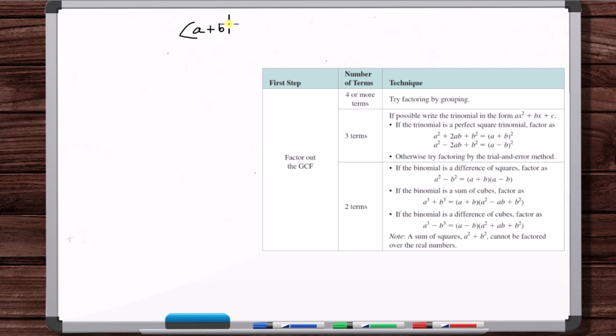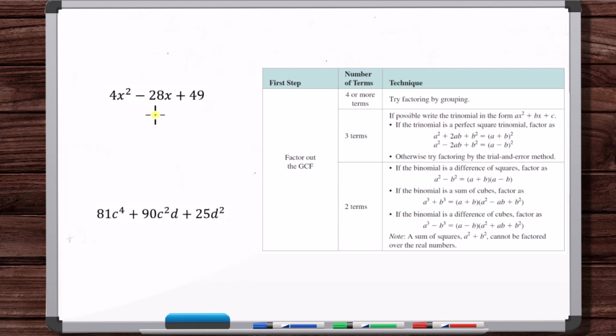So a plus b squared is what? Well, a squared plus ab plus ab plus b squared. And a minus b squared is a squared minus ab, so minus 2ab, minus b times minus b is plus b squared. Okay, you want to check for this first.